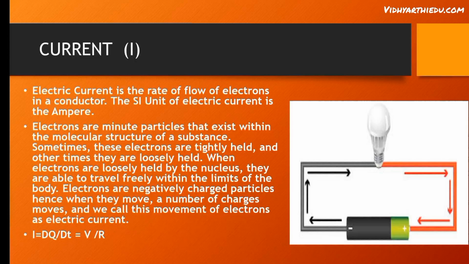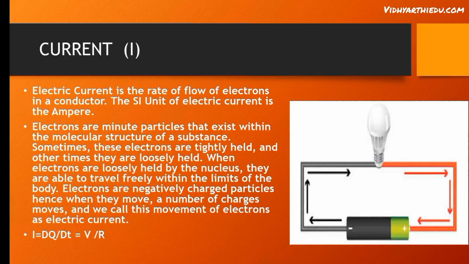The direction of electric current is taken from the positive terminal to the negative terminal outside the battery, but the direction of electrons is from the negative terminal to the positive terminal. Why?